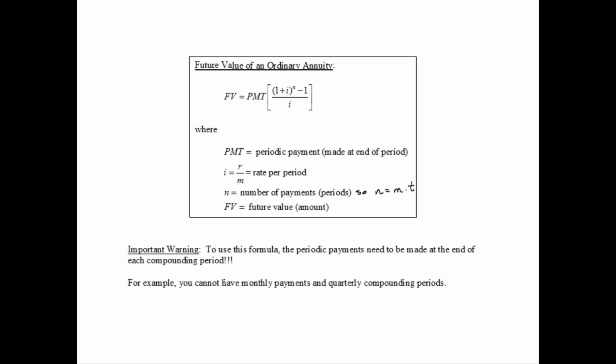That means that the number of compounding periods has to match the number of payments, and also the payments must be at the end of the compounding period. So that means we cannot have monthly payments and quarterly compounding periods. They have to match. They either have to both be monthly or both be quarterly or both be whatever matching number. Let's move on to an example.